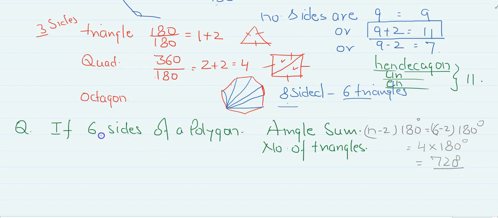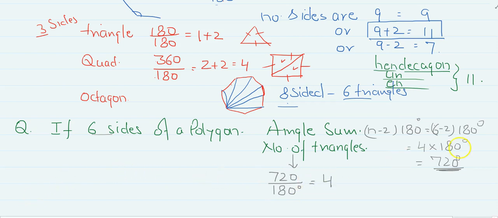So if a polygon is 6-sided, the sum of all the interior angles will be 720. Now how many triangles will be there? The number of triangles will be 720 divided by 180.